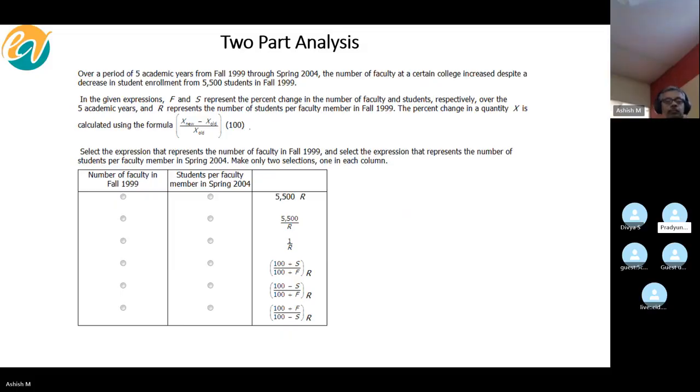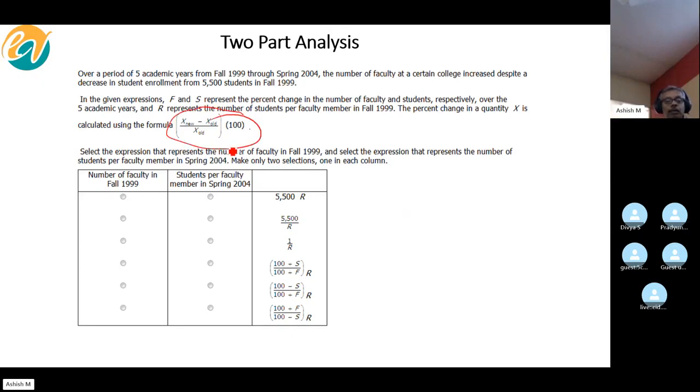If S is changed by 5%, it can either be positive or negative, but we don't say that S percent can be negative, right?